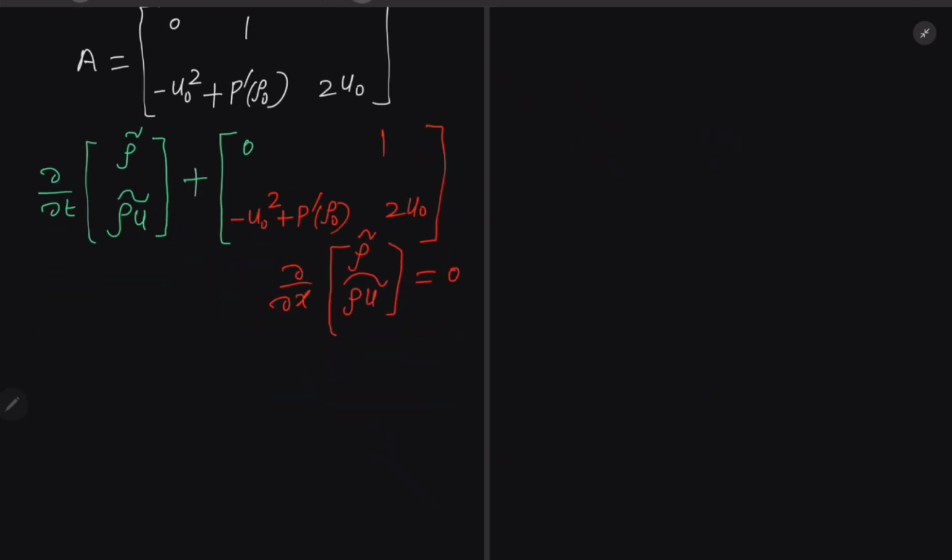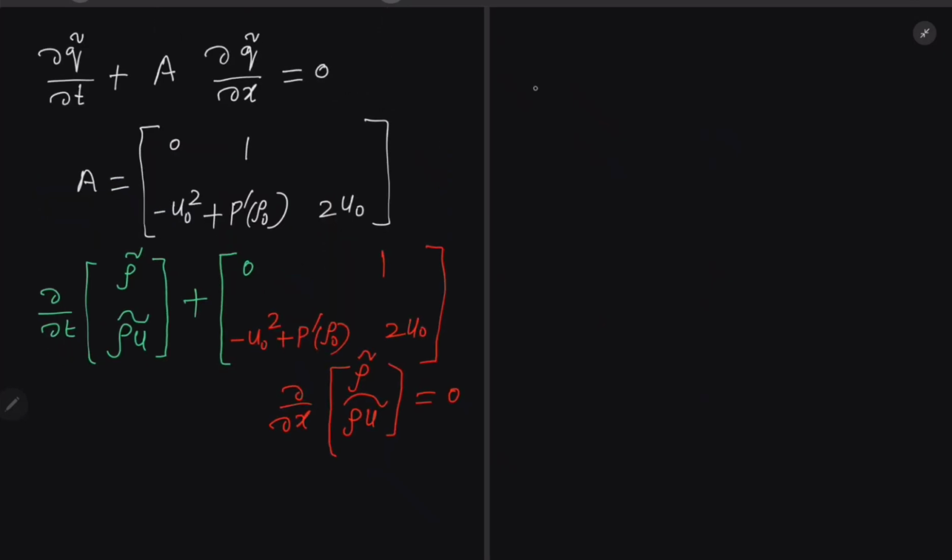And the scalar form will become partial rho tilde by partial t plus partial by partial x of rho u tilde is equal to 0 when you multiply the matrix with this term.